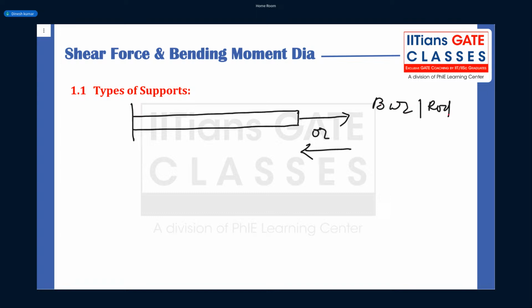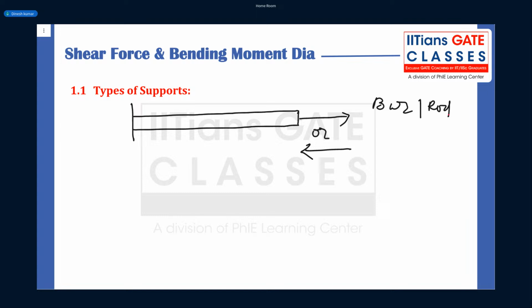Now what is the difference between bar and rod? Can anyone tell? Hey, Mohit, is it always necessary to be compressive load? In case of bar or rod, it can be either tensile or compressive load.